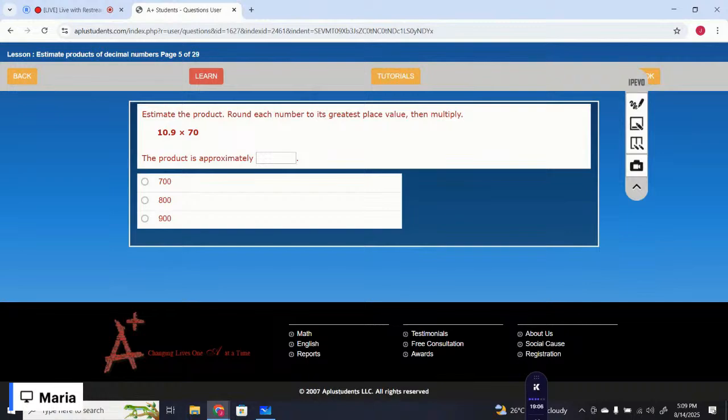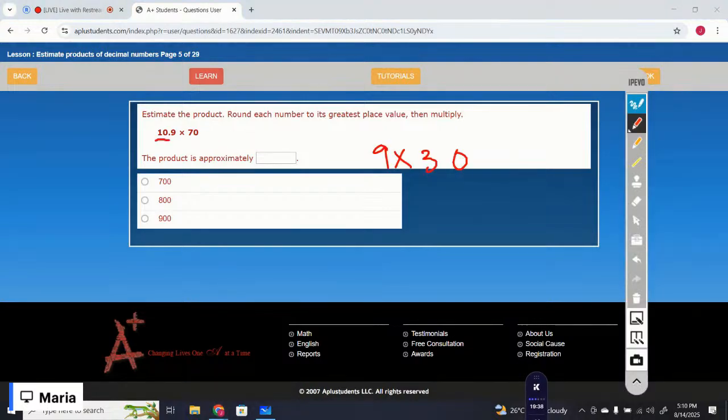10.9 times 70. So which is the correct option? 10.9 is rounded to 10 and 70.